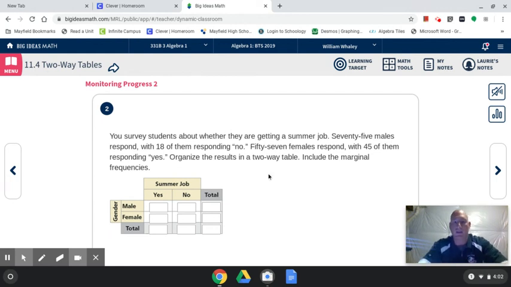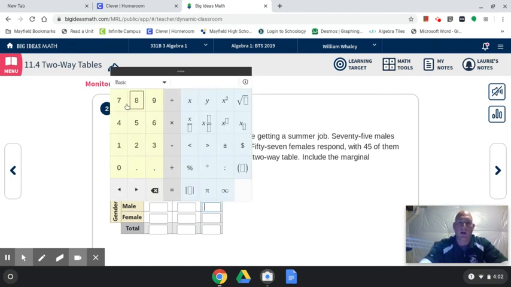So we're going to fill in everything that we can. So 75 males respond with 18. Okay, so male. Let's see. Where do we have a male category? Right there, gender, right? So there's male. And where's the total males? Right there. So that should be our 75.